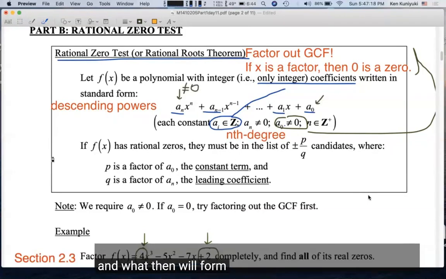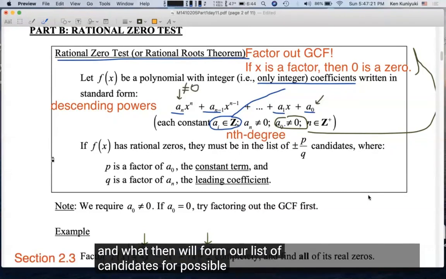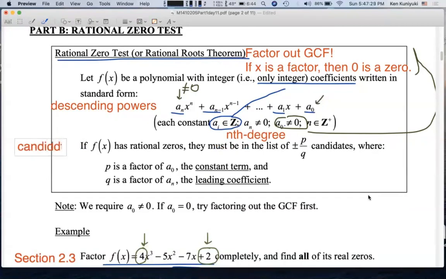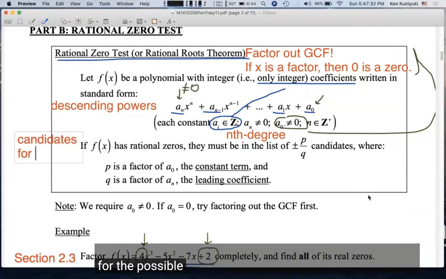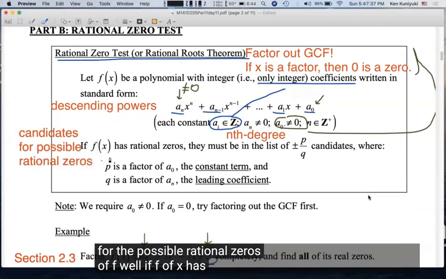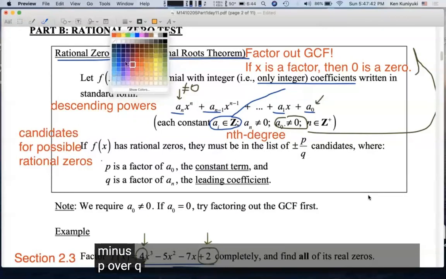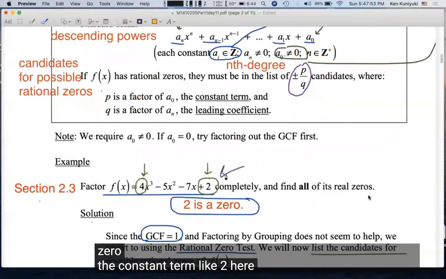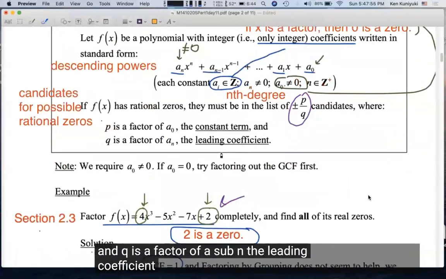And what then will form our list of candidates for possible rational zeros? So what will be our candidates? Or the possible rational zeros of f. Well, if f of x has rational zeros, they must be in the list of plus or minus p over q candidates, where p is a factor of a sub 0, the constant term, like 2 here, and q is a factor of a sub n, the leading coefficient, like the 4 here.